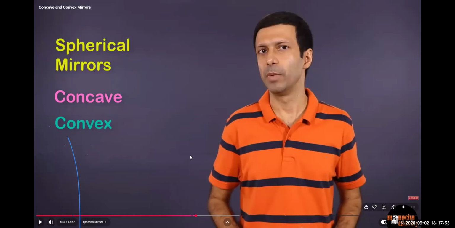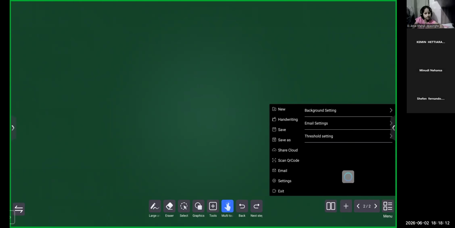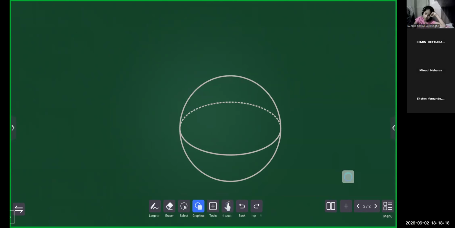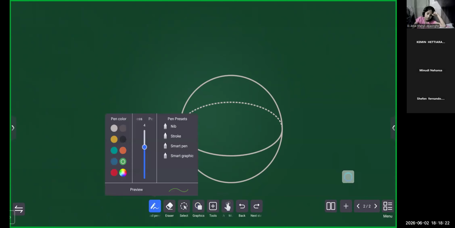Do you know what a sphere is? Sphere means this. Look at the board. This is a sphere. In Sinhala, golayak.